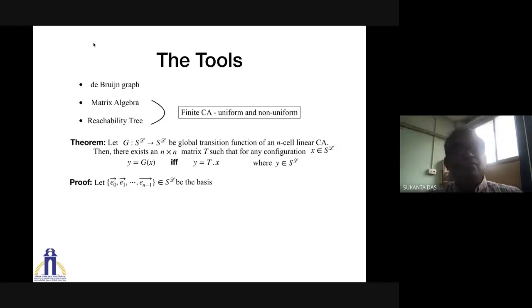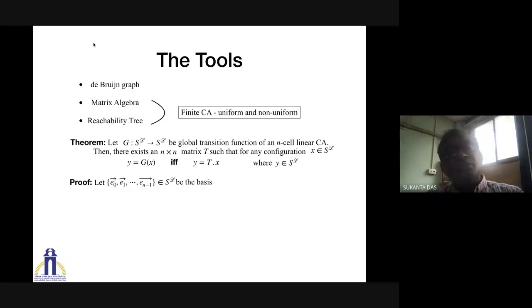We call them basis vectors. Here we have considered that e0, e1, up to e n minus 1 are the basis vectors.